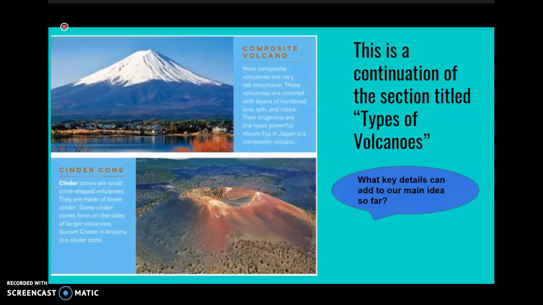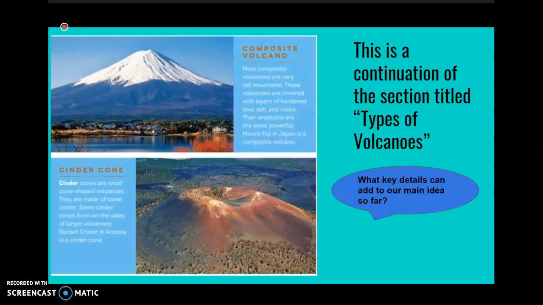Which volcano were we talking about that's taller than the other three? The Composite Volcano. Okay, so the Composite Volcano. Good job. All right, so we are going to continue.